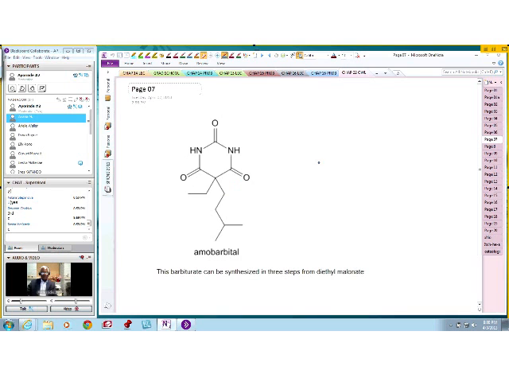We could synthesize it using the malonic ester. They've already told us to use the malonic ester. Once you use the malonic ester to form part of this molecule, then you could react with this here.